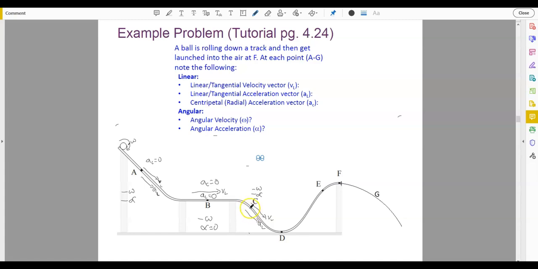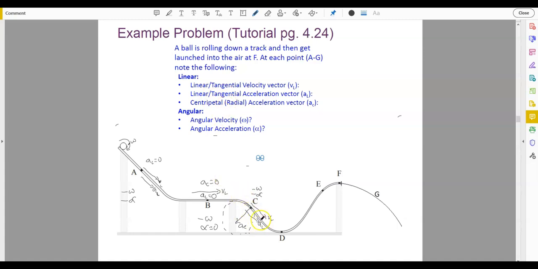But here's the interesting thing. It's in a kind of bended portion of this, right? Well, if you imagine that this bended portion is a big circle, it's going to have an acceleration vector that is pointed down and to the left. Its linear velocity vector and linear acceleration vector are going to be at a tangent to this circle right here, which is why it's also called tangential velocity and tangential acceleration.